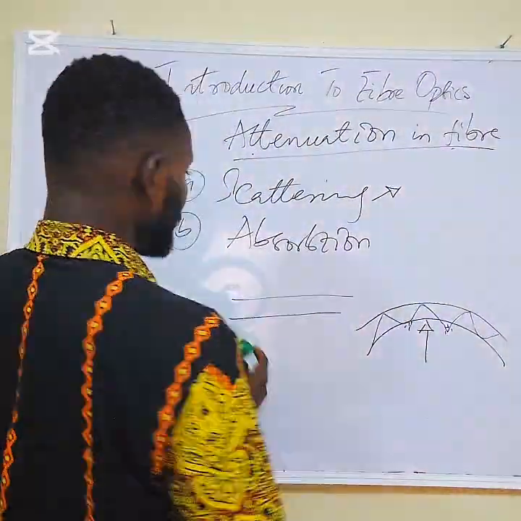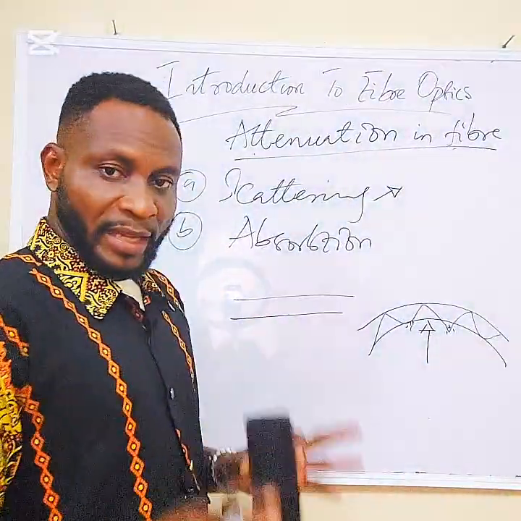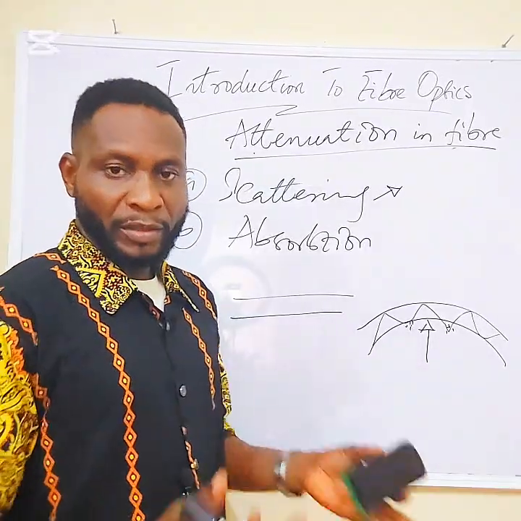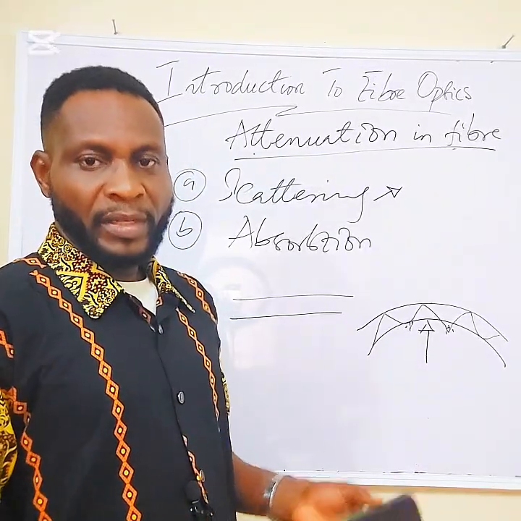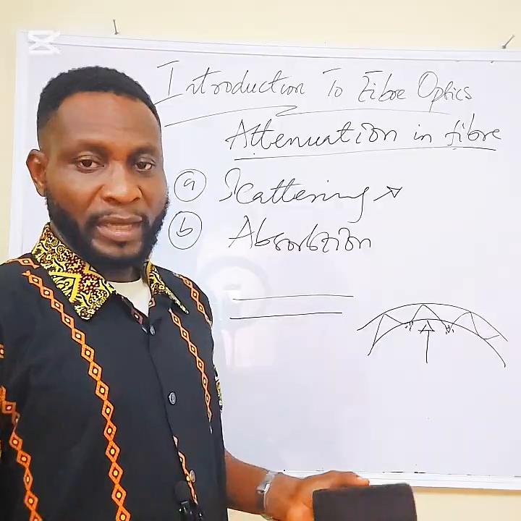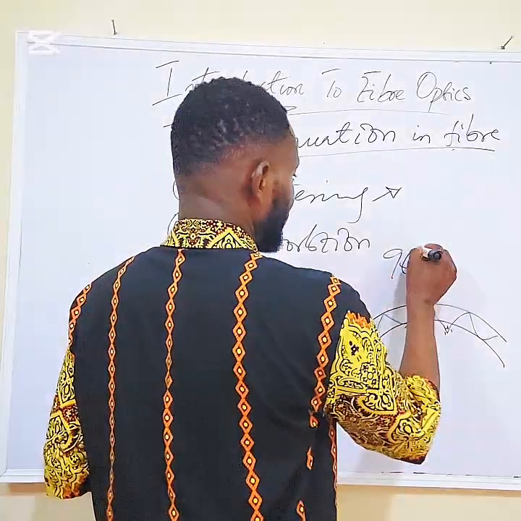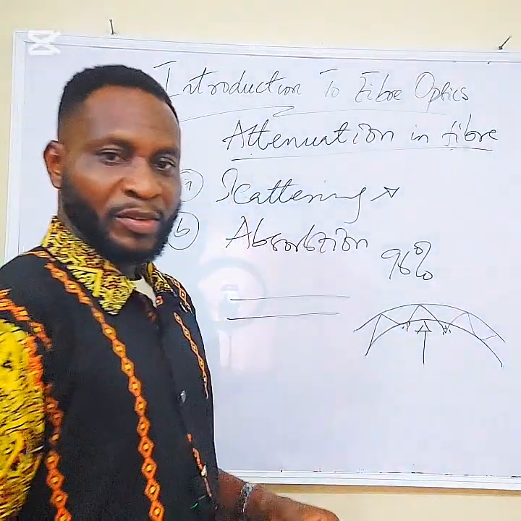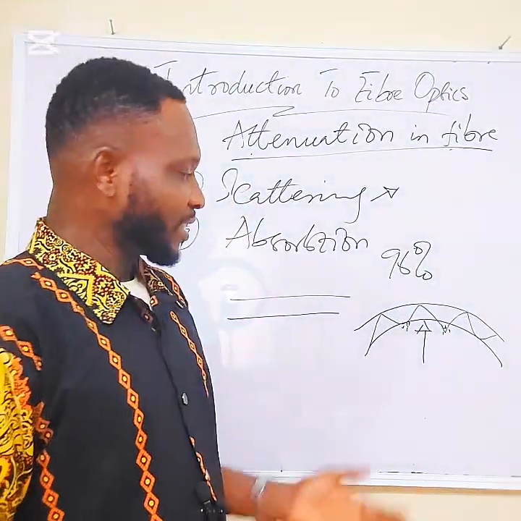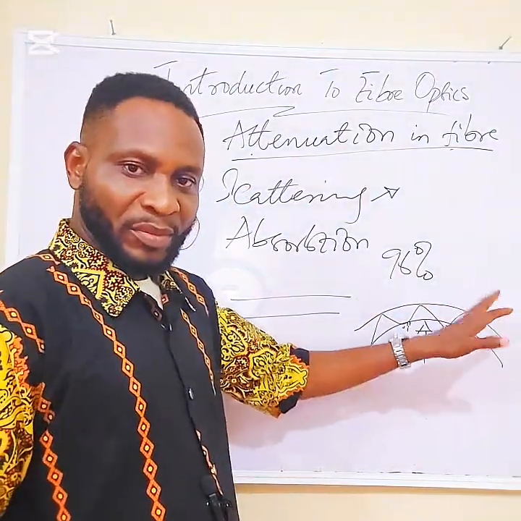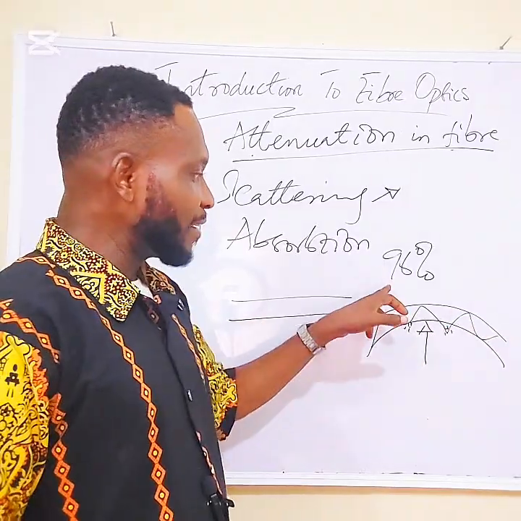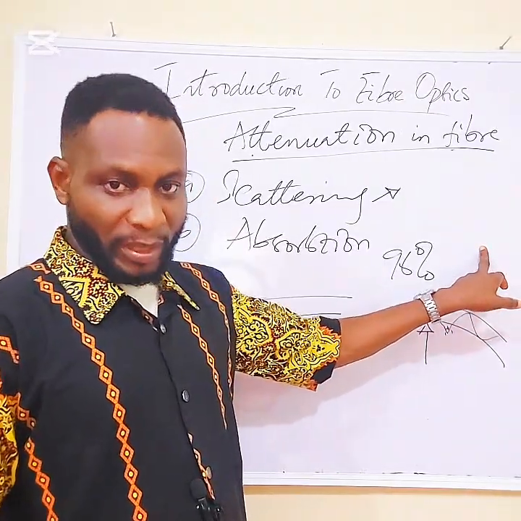So we have to guard against power losses in fiber. It is very, very important you guard against that because 96% of this is high for a human being to cause. Installation time, check. But we have one advantage.